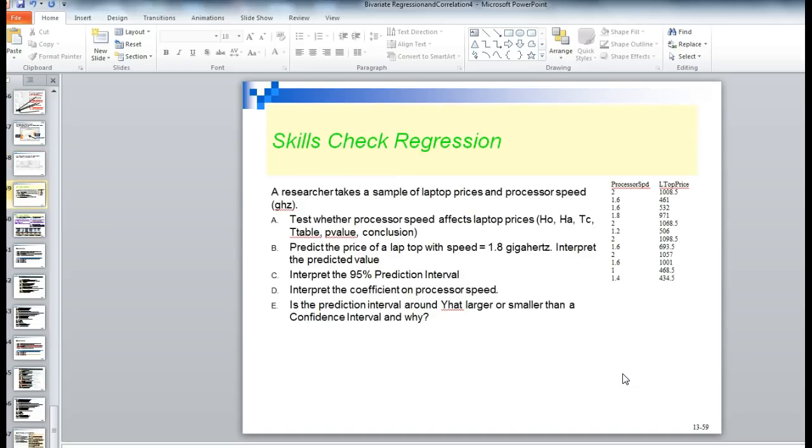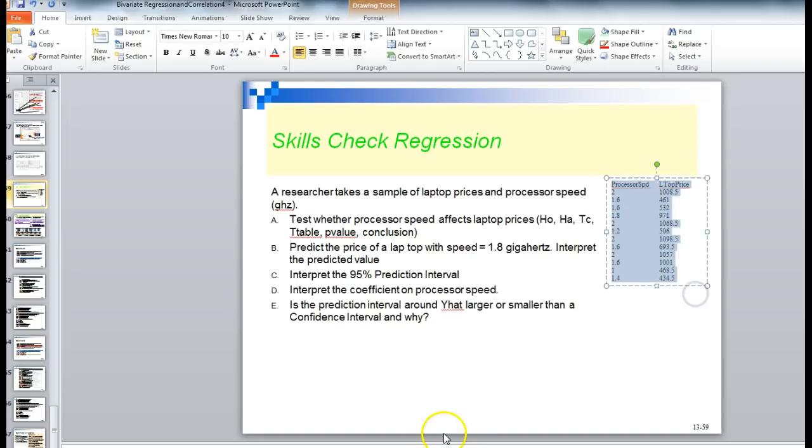All right, so here we have a regression skills check. We have processor speed and laptop price. We have the price of a laptop and then how many gigahertz they have available. So we are going to put these data into Minitab.